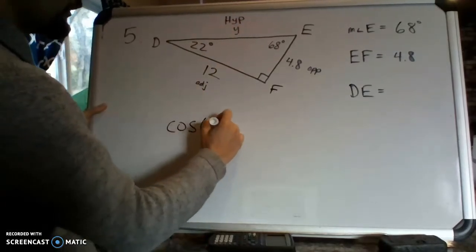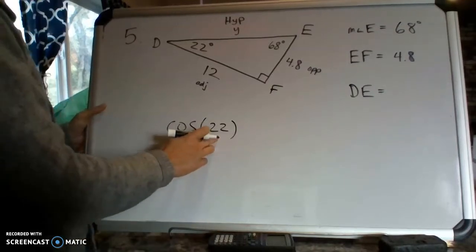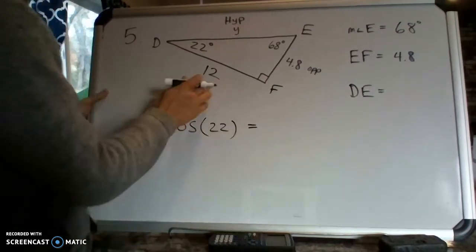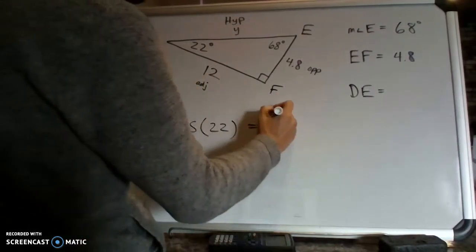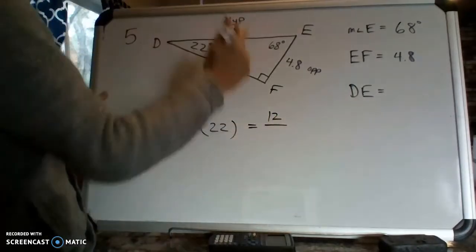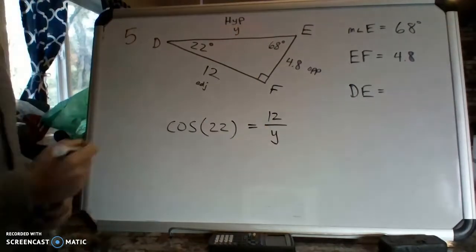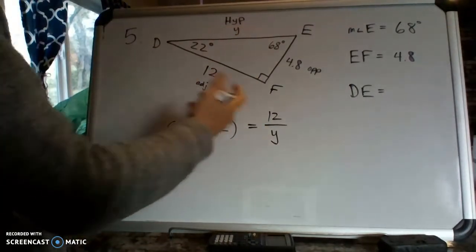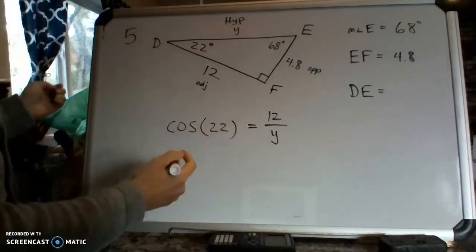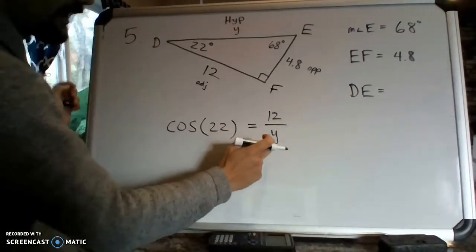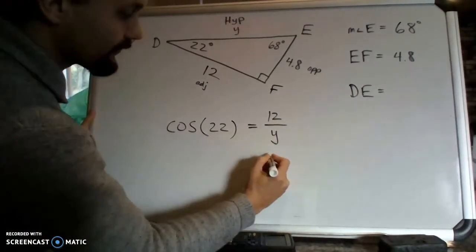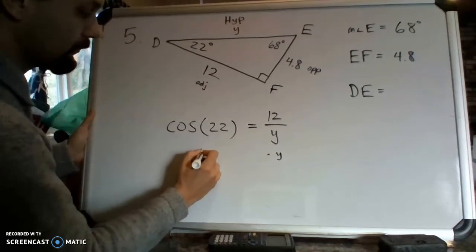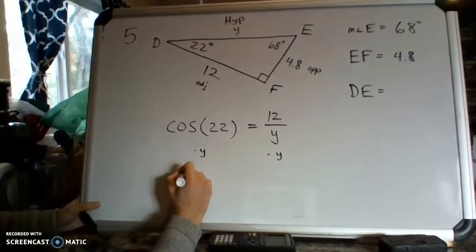So cosine of the 22-degree angle is equal to the adjacent side, 12, divided by the hypotenuse side, which is y. All right, so this one takes a little bit more to solve because of the variable in the denominator, right?